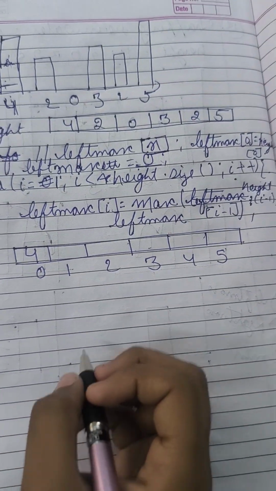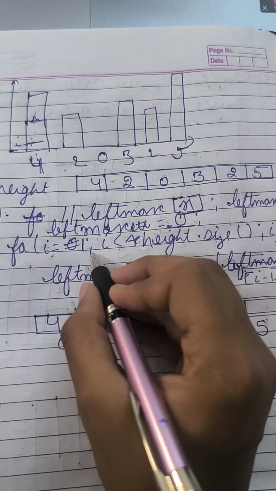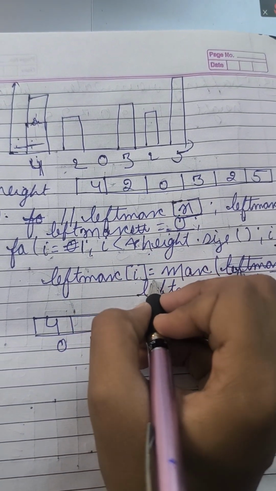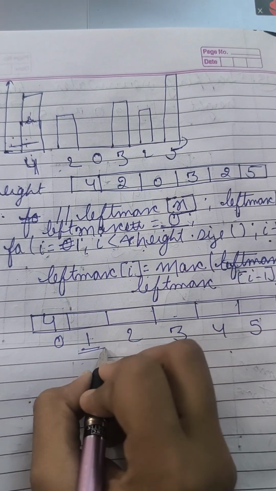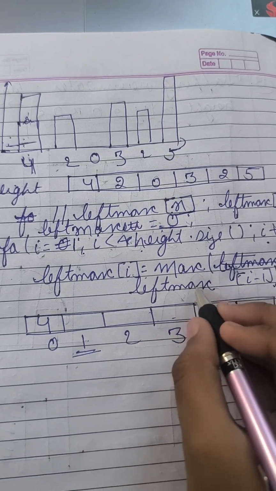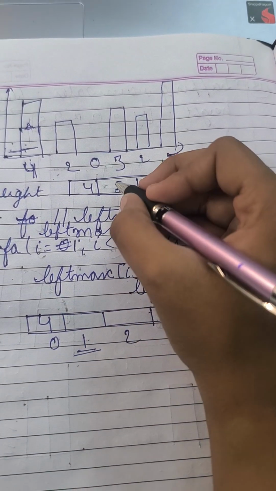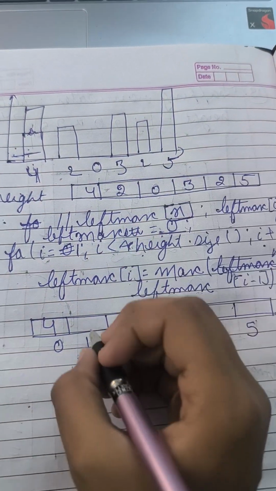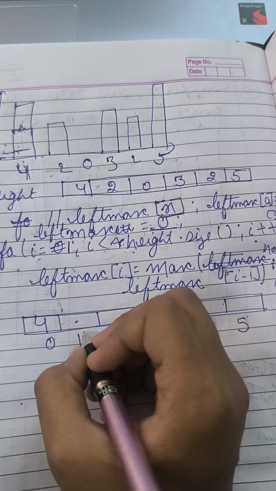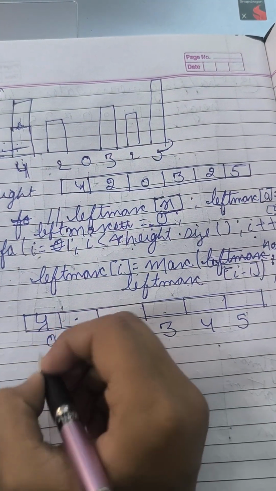Now moving towards the next index, I am going to take it in this manner. Now I is increased to 1. So left max of 1, which is the second element of the array, is going to be maximum of left max I minus 1 and height I minus 1.